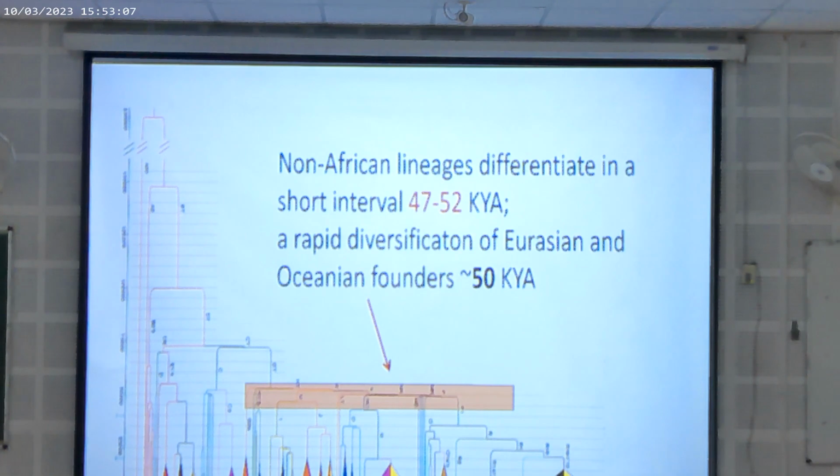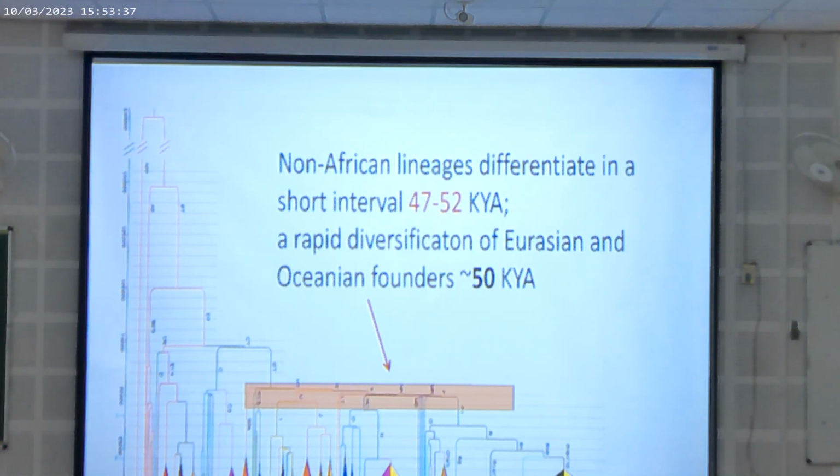And one of the very distinct features, among others, is that there is a very short interval of time when the lineages which are present outside of Africa, so in Eurasia and Oceania, differentiate. From this analysis, we could say that it was about 47 to 52,000 years ago.